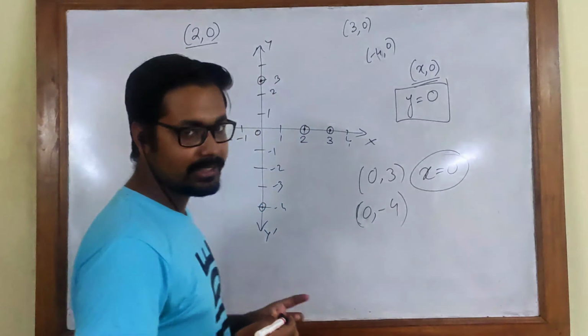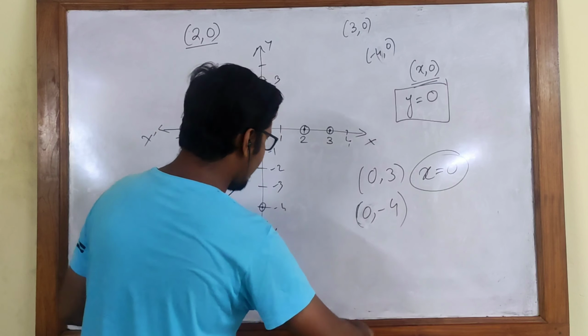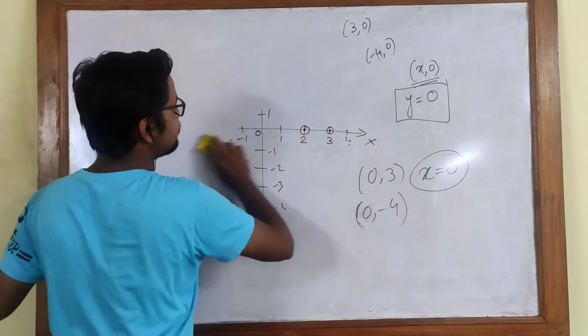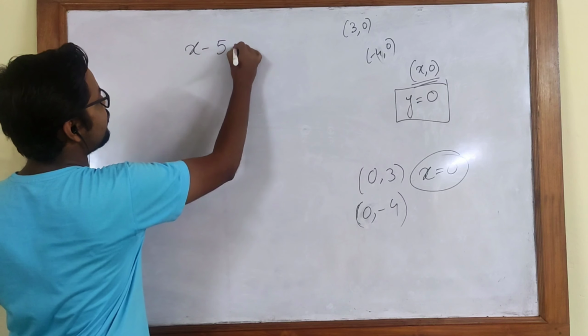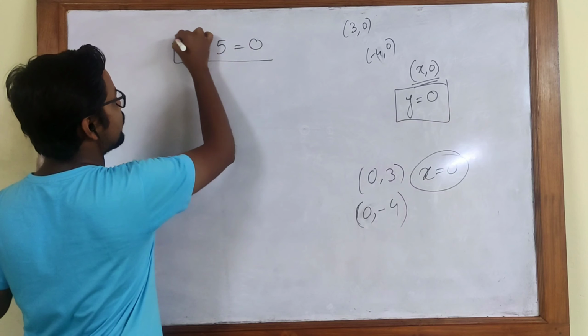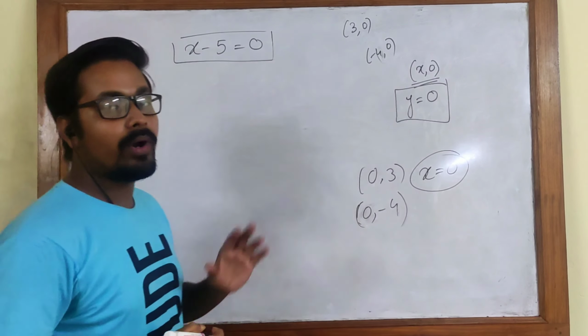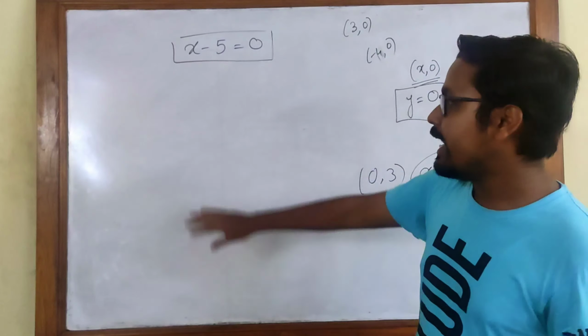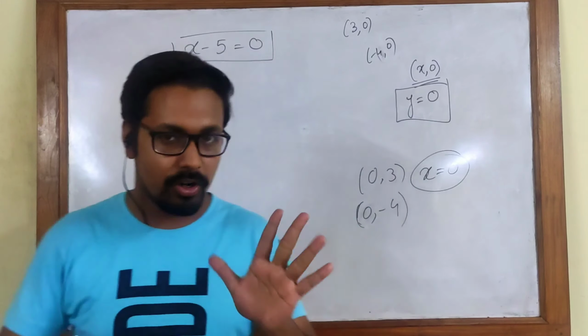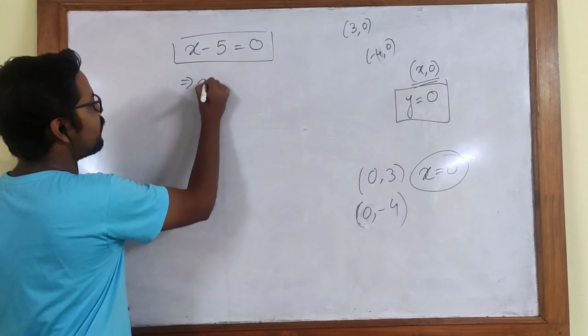Now let us change it up a bit. Let us take one example: x - 5 = 0. Now this is one equation. What sort of equation is this in the Cartesian coordinate system? From this we can get x = 5.